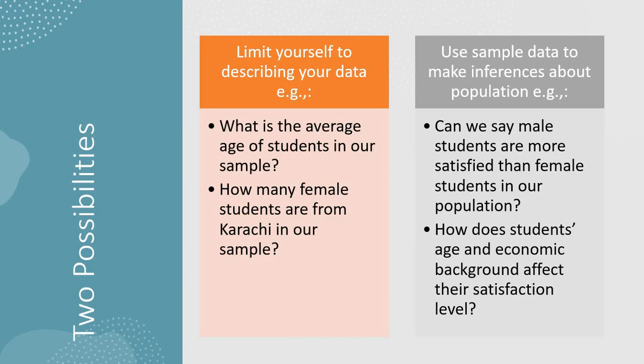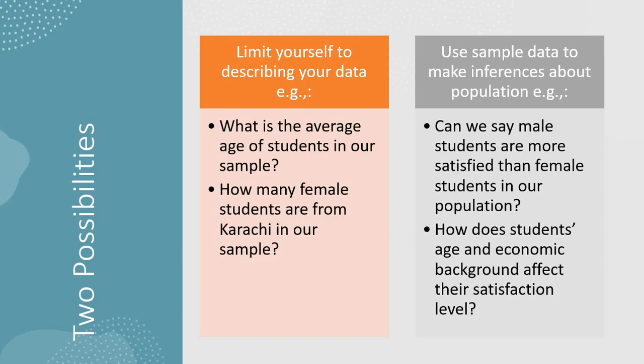So the purpose of collecting data from a sample is to make guesses or estimates about the population. So you need to go beyond the data you have and make some conclusions from that data about the population.